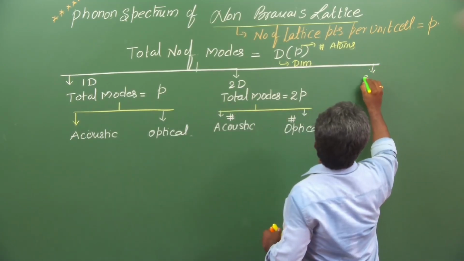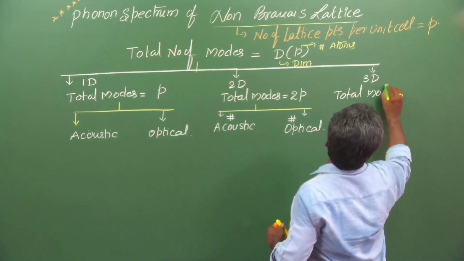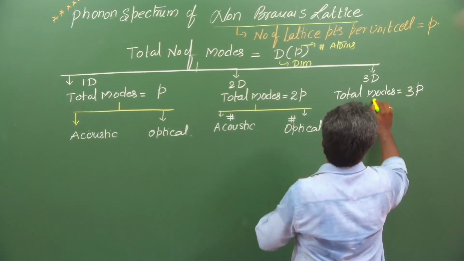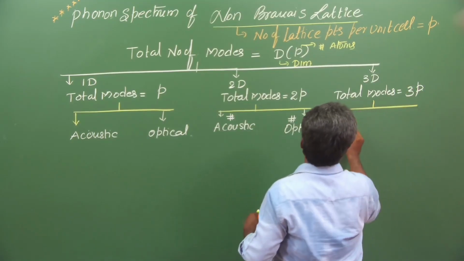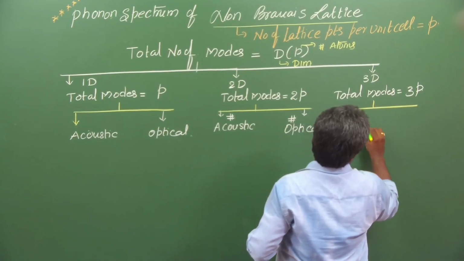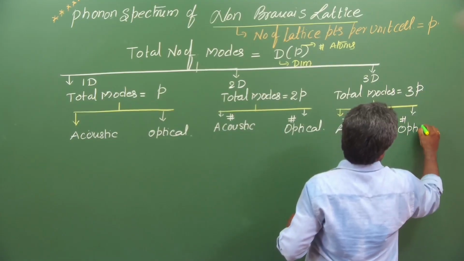Next, 3 dimensions: the total modes of phonon vibrations, how much? 3P. And again, this has a number of acoustic and a number of optical.